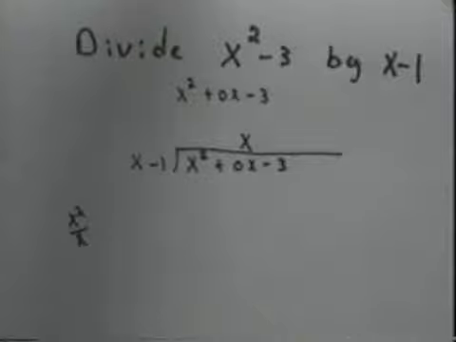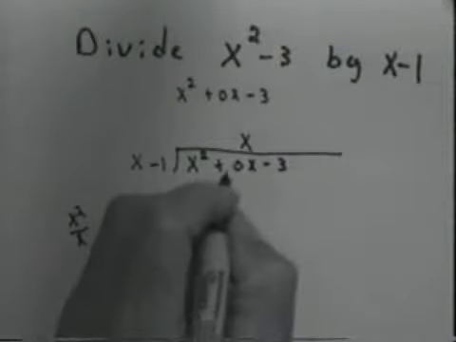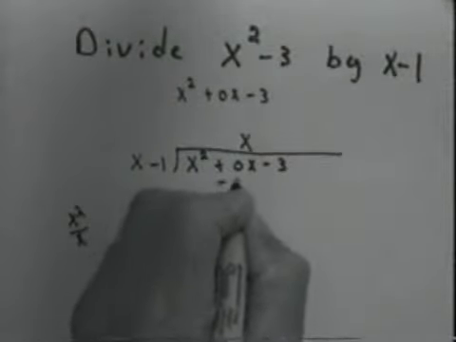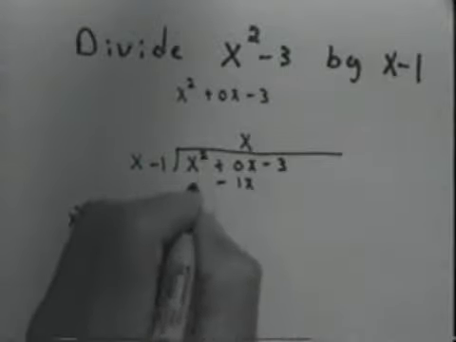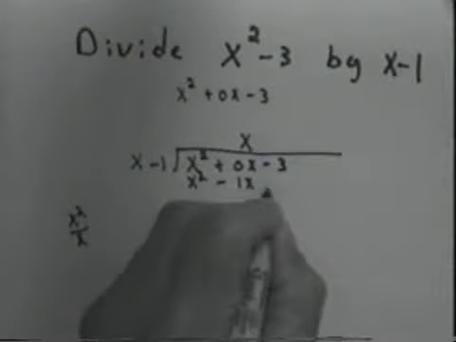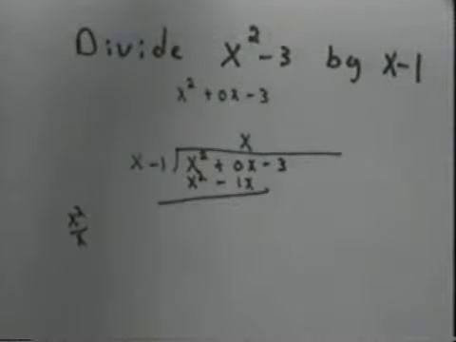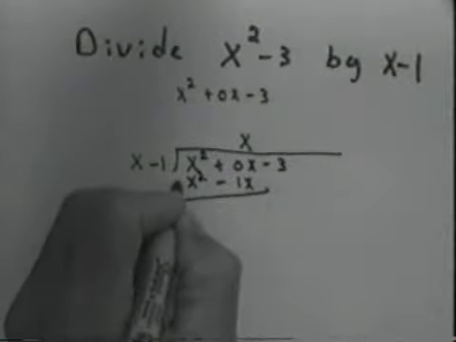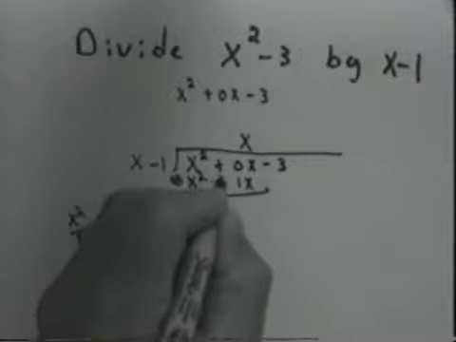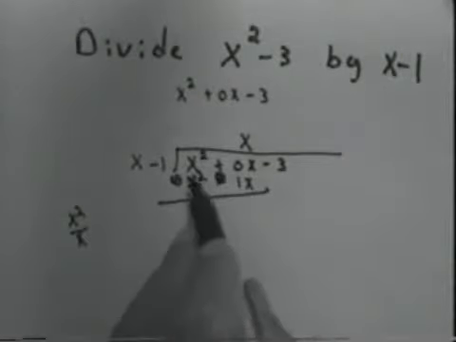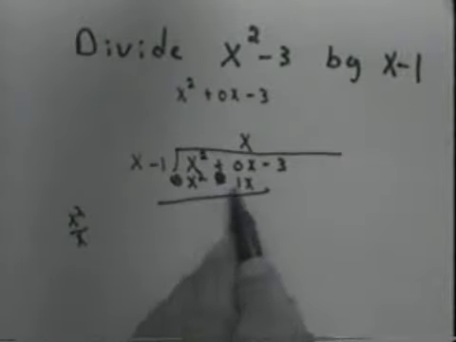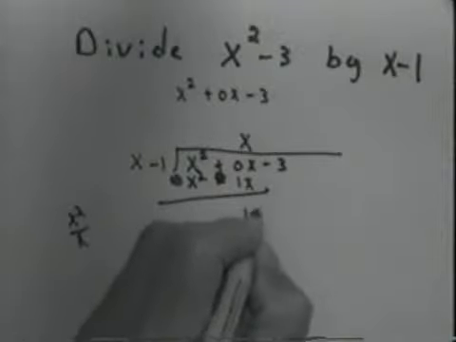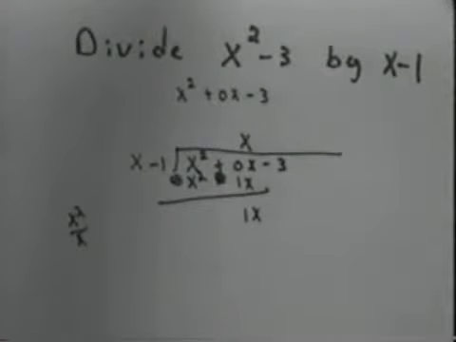Once I divide, I multiply. X times a negative 1 is a negative 1x. X times x is x squared. Once I multiply, I subtract. Change the signs and add. X squared and negative x squared is 0. 0 plus 1x is 1x.